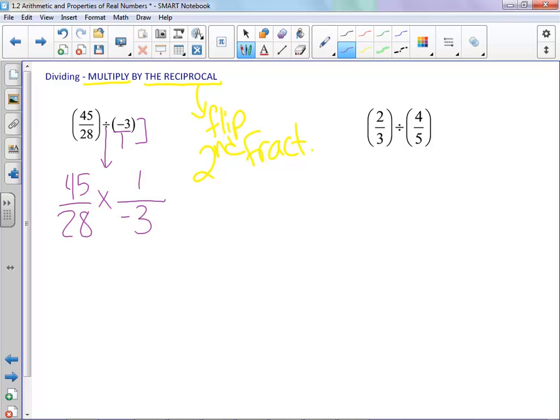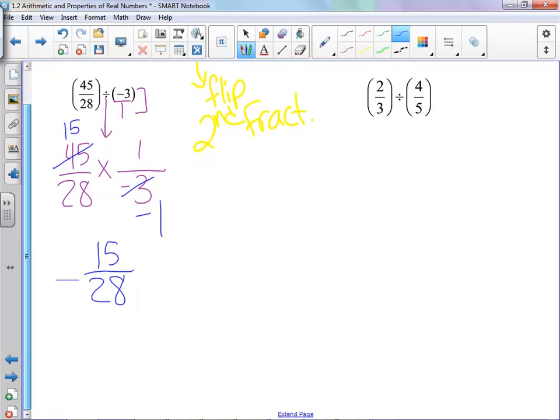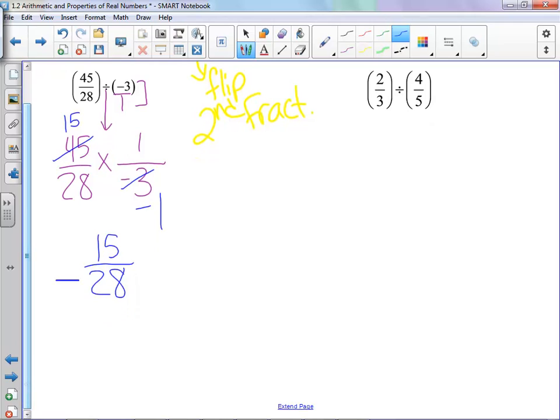And now we'll use the same techniques we just did on the last page. And along the diagonal, 45 and negative 3, we can divide a 3 out from both. So negative 3 divided by 3 is negative 1. 45 divided by 3 is 15. Now multiply across, we'll get 15 over 28. And you always want to just double check, is there anything else that 15 and 28 can both be divided by? No, so we're done. However, if you can, you want to keep reducing.